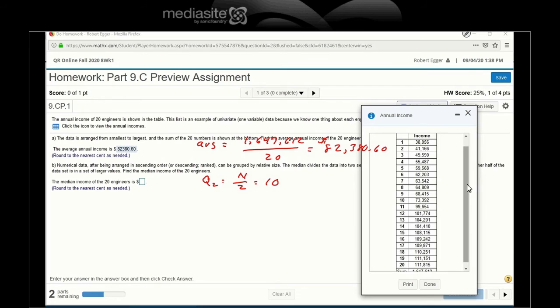I'm going to look at the values for 10 and 11. And the value in between would be the median. So the median is going to be the sum of those two salaries divided by 2.